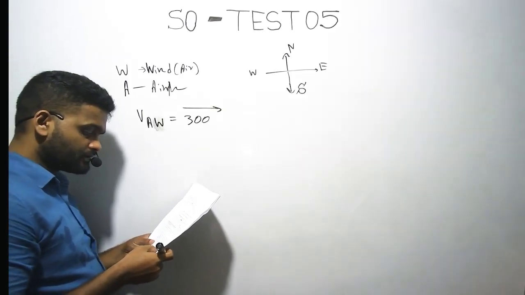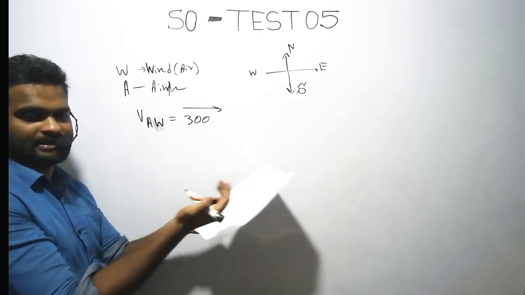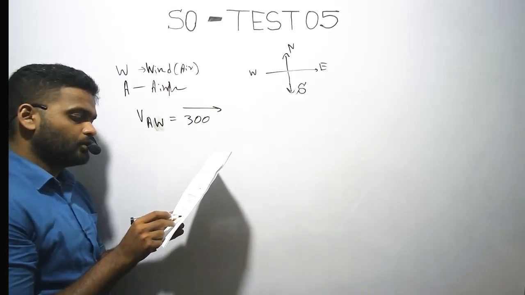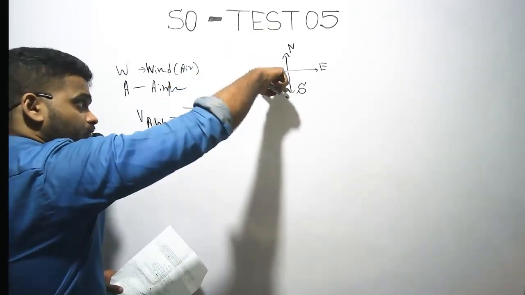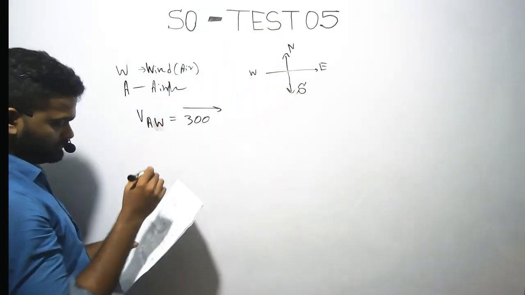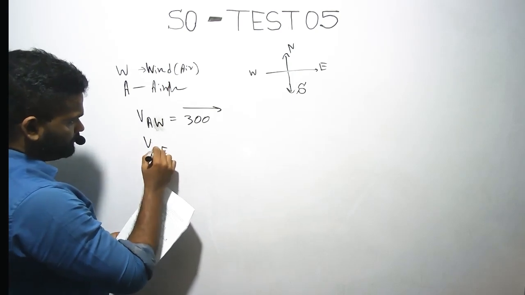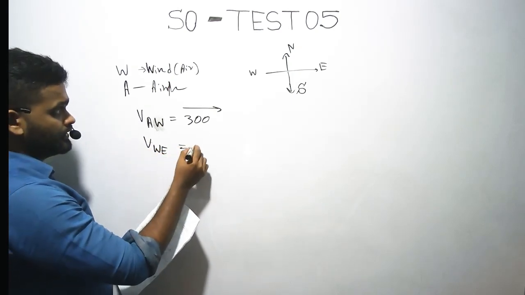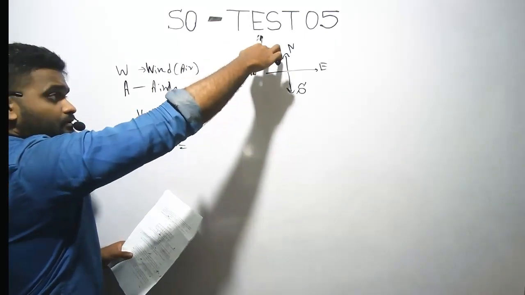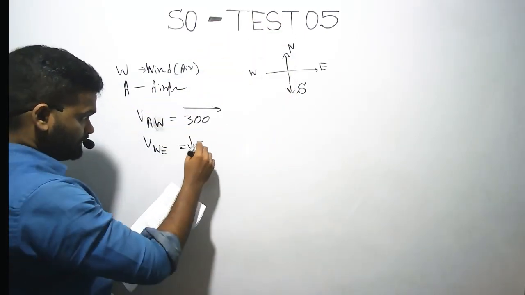If it encounters a wind, actually it is air, right? Wind blows 50 kilometers per hour from the north. So that is the velocity of wind relative to earth. From the north means to the south direction, 50.